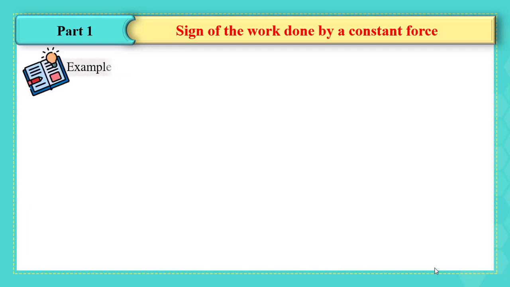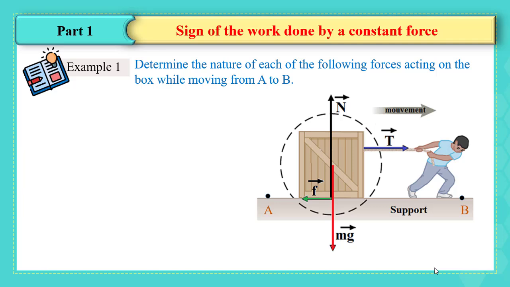Determine the nature of each of the following forces acting on the box while moving from point A to point B. The forces acting on the box are the weight, the friction, the tension, and the normal reaction of support. Let's start with the work done by the normal reaction of support. It is 0 since N is perpendicular to the displacement.